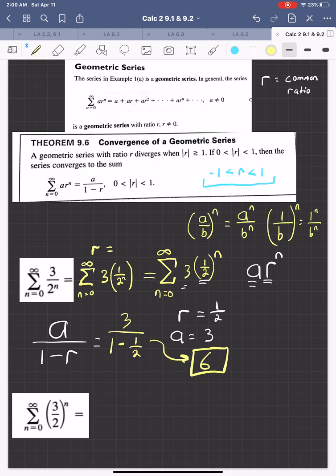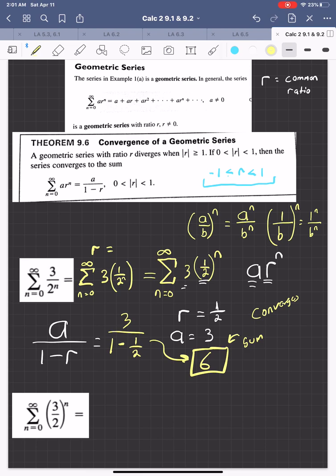So that is the sum. We know it converges. It's met our qualifications for the theorem. We know the series converges, and the sum is 6.